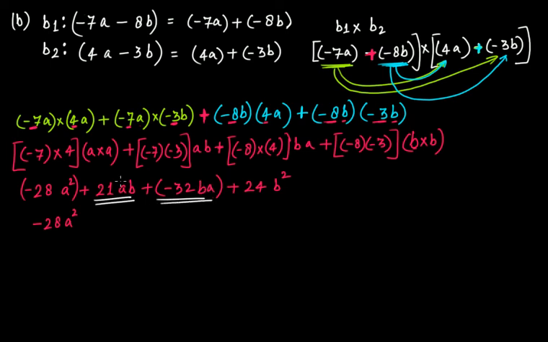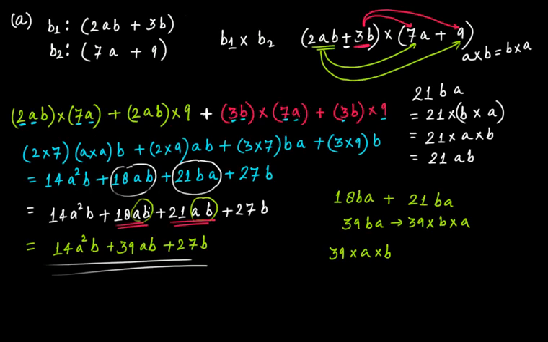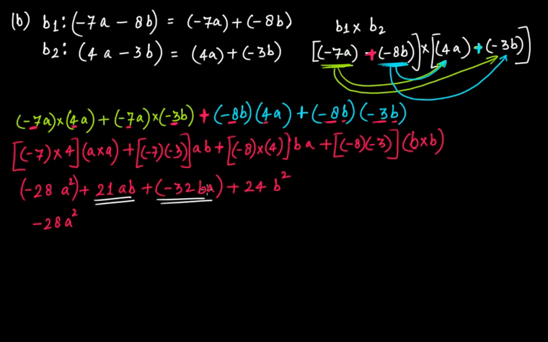Now if you look at these two terms, what we have done here is exactly similar to the earlier one. Here you have 21AB, so write 21AB. This is minus 32BA. We can write this as minus 32AB, so outside is plus, within the bracket is minus.